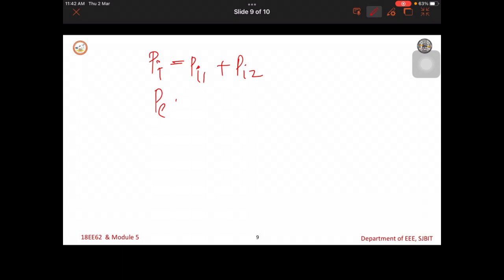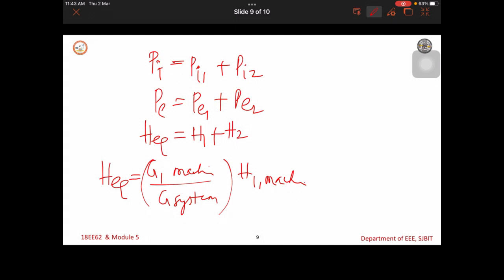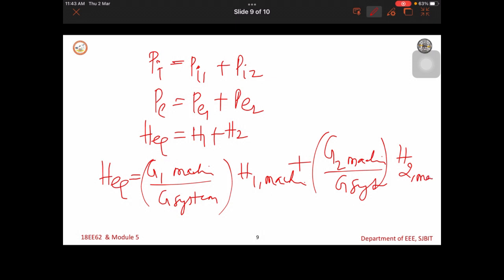Pe is the electrical power output, which is the sum of the electrical power of the two machines, and H equivalent, the inertia constant of the two machines, is added together. So, the equivalent inertia constant H equivalent can be expressed as G1 machine divided by G system into H1 machine, plus G2 machine divided by G system into H2 machine.